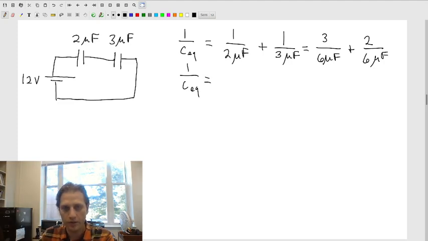And then we keep our denominator the same. So it'd be 5 over 6 microfarads.